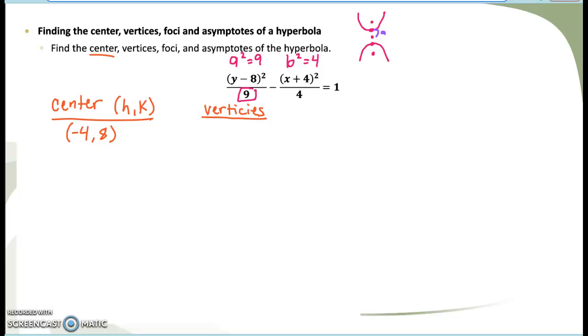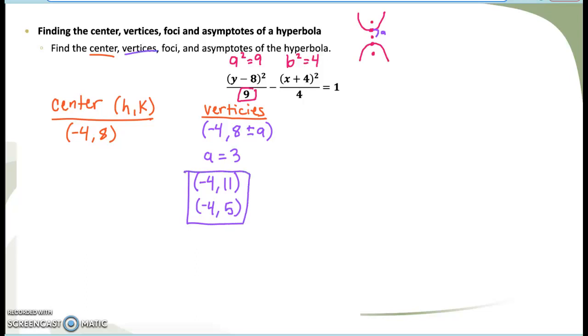But that distance a is going up and down, which means I take my center, -4, and to my y value, I add and subtract my a value, which happens to be 3, because a squared equals 9. So my vertices are at (-4, 8 plus 3), which is 11, and my second vertex is at (-4, 8 minus 3), which is 5. There's my two vertices.